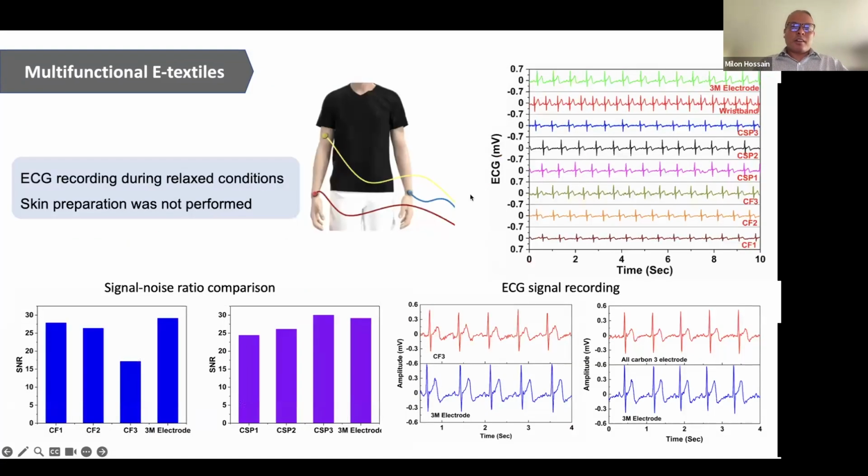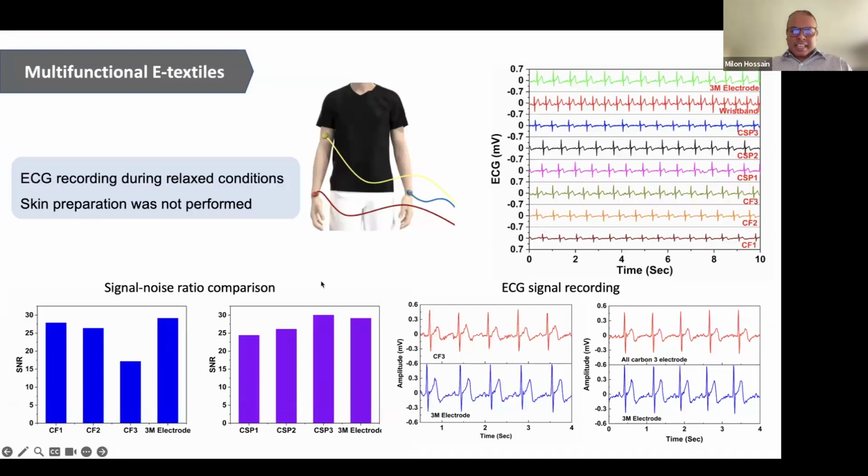When used for heart rate monitoring, the different variations of this electrode can produce similar results to the gold standard 3M electrode. But the most important aspect is the signal to noise ratio comparison, because we want a very small noise with the textile electrode. Since textile electrodes are dry electrodes, they are susceptible to different kinds of motion artifact, and a lot of noise is produced.